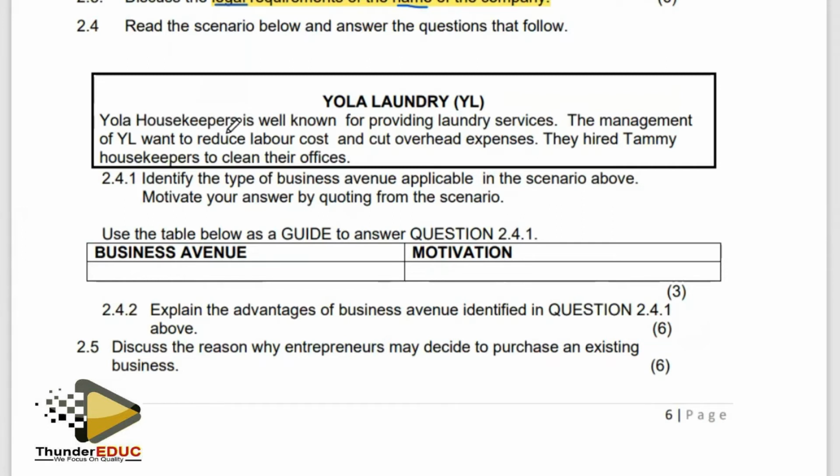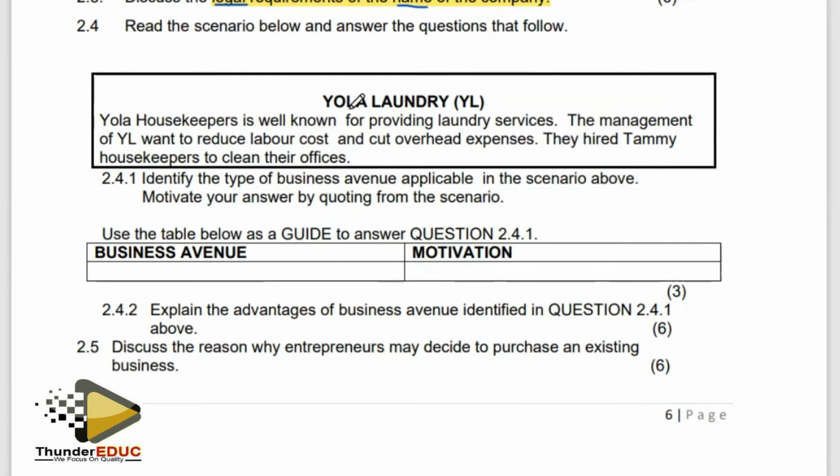Yola Housekeepers is well known for providing laundry services. The management of Yola Laundry want to reduce labor costs and cut overhead expenses.